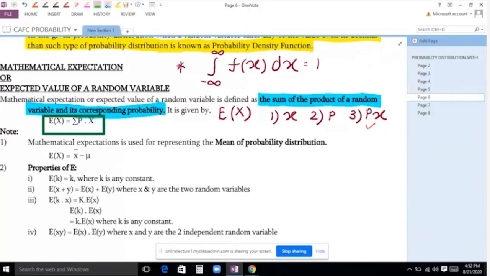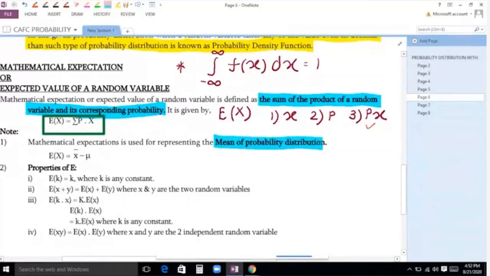By mathematical expectation, it is being used for representing the mean of the probability distribution.